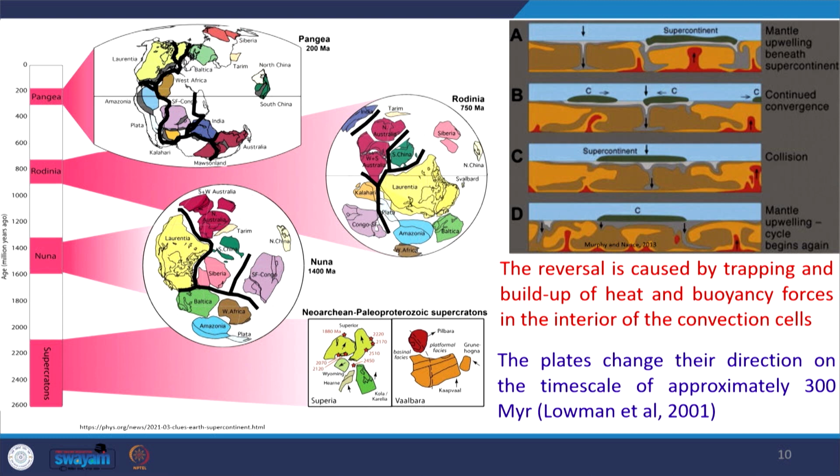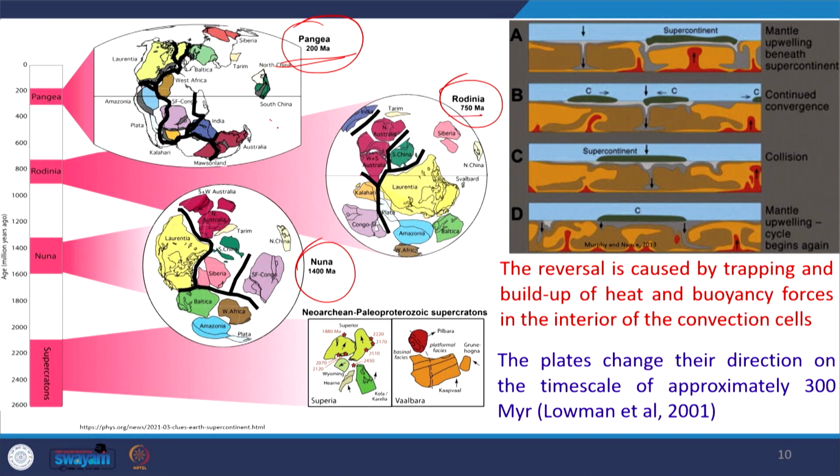Now, if you see this image, we have the supercontinent Pangea around 200 million years ago, Rodinia about 750 million years ago, and Nuna around 1400 million years ago. These supercontinents once existed on the earth through the amalgamation of many continents, and due to heat buildup and the change in convection pattern they broke into several continents and dispersed. Here is the configuration around 200 million years and around 750 million years.